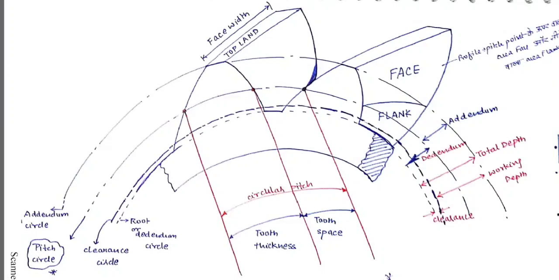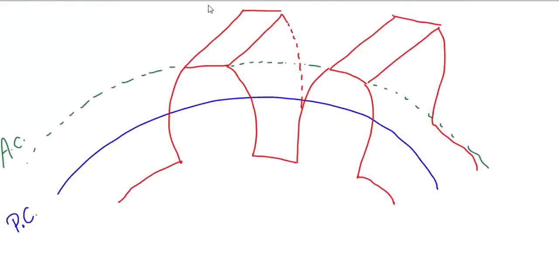Let me show you with a different pen. This is my dedendum circle, and its diameter is known as the dedendum circle diameter. Above the pitch circle is the addendum circle, and below the pitch circle is the dedendum circle.